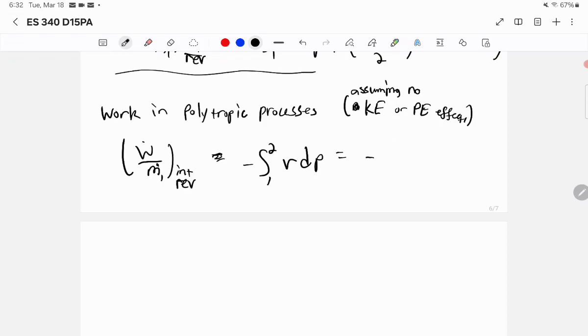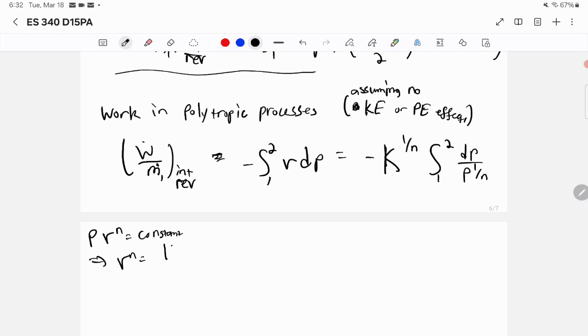I'll let K be my constant here, to the 1 over n, times the integral from 1 to 2 of dP over P to the 1 over n. Because this is a polytropic process, remember P v to the n is equal to a constant, which implies that v to the n is equal to that constant, K, over P.